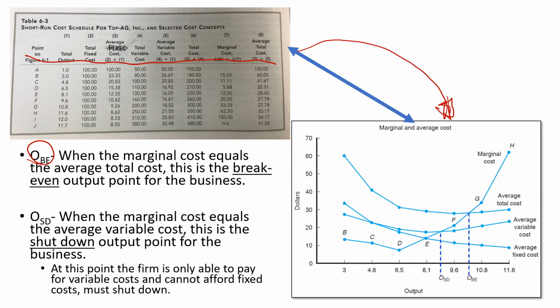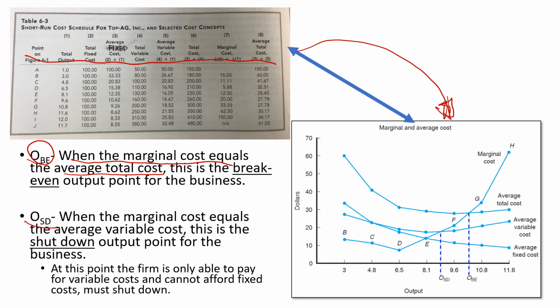So their costs are equal to their revenue. We can figure out where the break-even point is, and then we can also figure out where the shutdown point is. So the break-even point occurs when the marginal cost equals the average total cost.